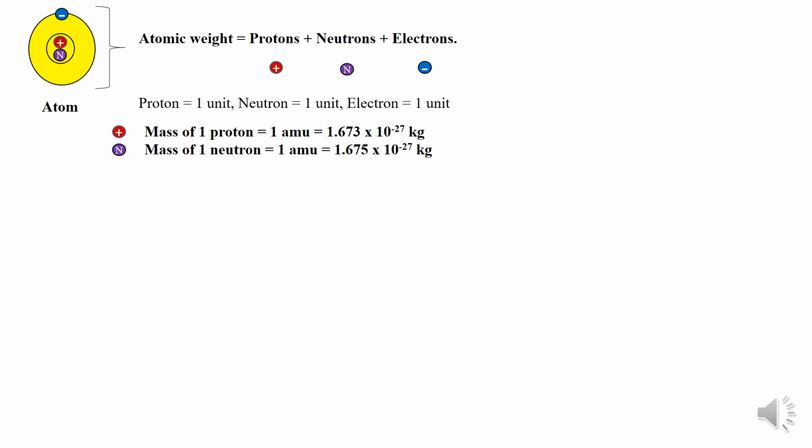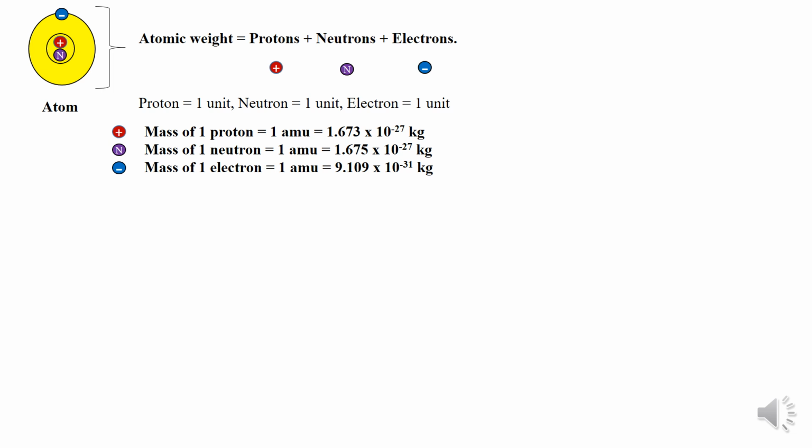The mass of one neutron will also be 1 atomic mass unit, equivalent to 1.675 into 10 to the power minus 27 kilograms. Now, when you compare and contrast the mass of proton to that of neutron, we find that the mass of neutron is slightly heavier than that of proton. And what about electron? Mass of one electron, it is also a unit.